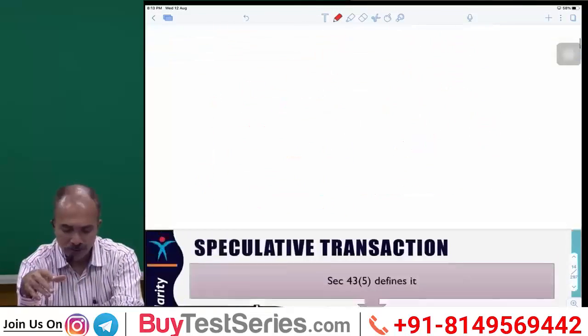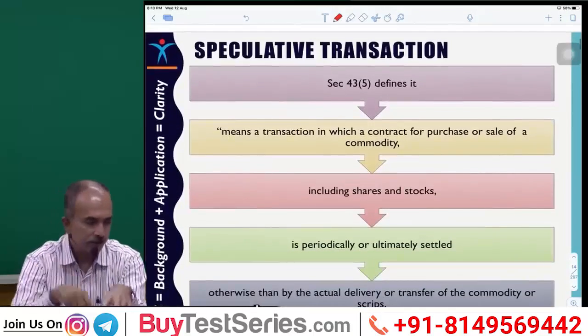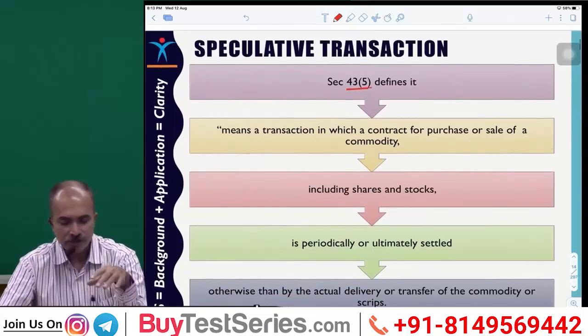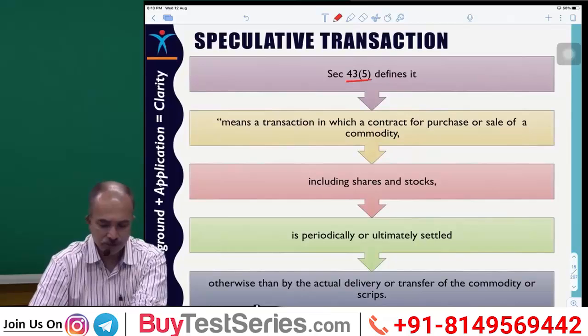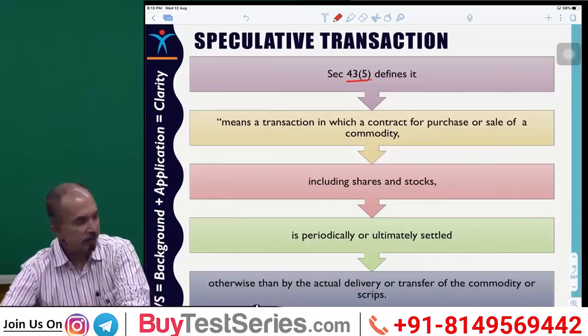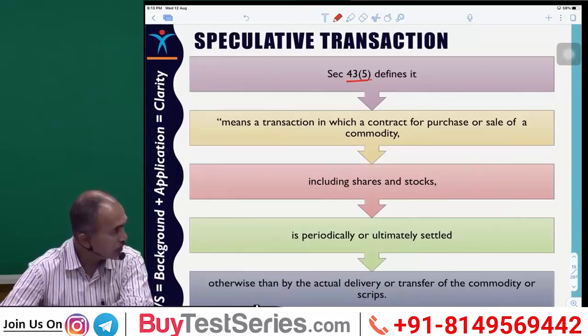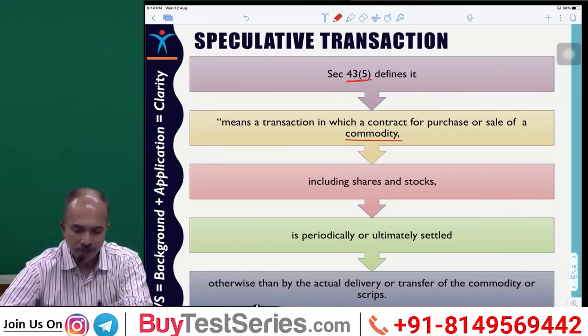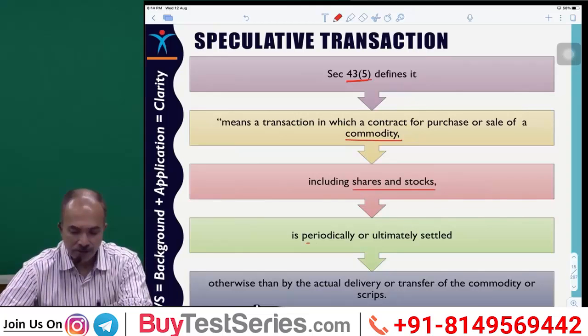So you find, as far as speculation is concerned, there is a section 43 subsection 5 which defines a speculative transaction. It has been defined to mean a transaction in which a contract for purchase or sale of a commodity, shares, stocks is periodically or ultimately settled other than actual delivery.